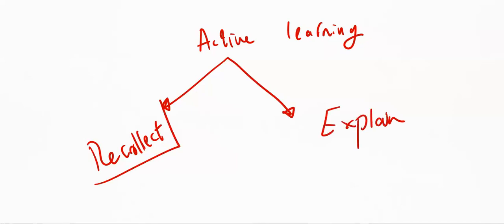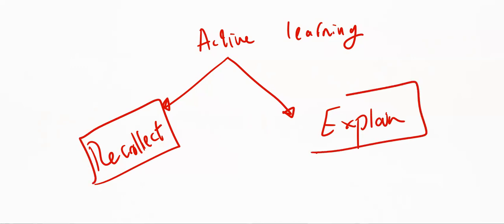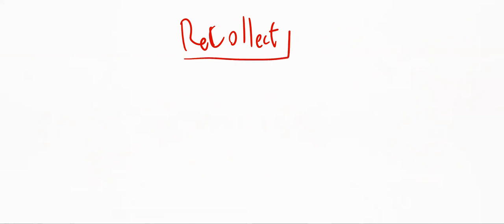And these are two very important parameters or measures of your learning process. Let's start with recollection. As the word implies, recollection is revising, being able to remember what we have learned. Now, recollection requires certain criteria, in my opinion, to be effective recollection or active recollection.